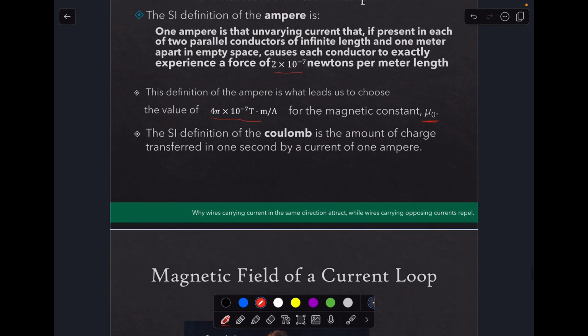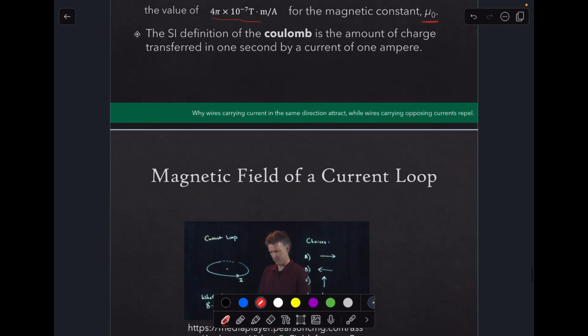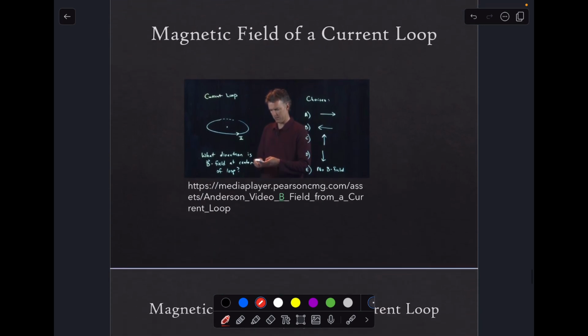So Coulomb, if you recall, is the amount of charge transferred by 1 ampere over 1 second. So Coulomb is derived from the units of ampere.